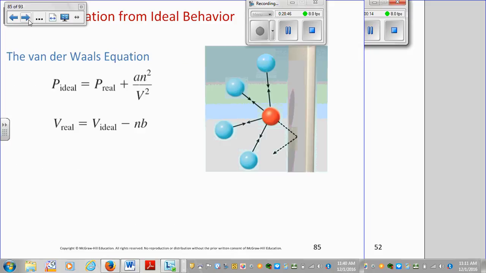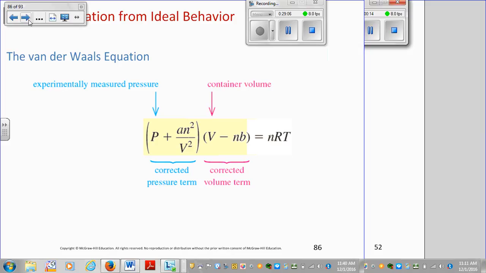So there's an equation, I'm just going to run through it, you don't really need to know it. The pressure of an ideal gas is equal to the pressure of the real gas plus an squared over V squared. V real is V ideal minus nb, and we'll go into what those mean. So there's a corrected volume term, there's a corrected pressure term.